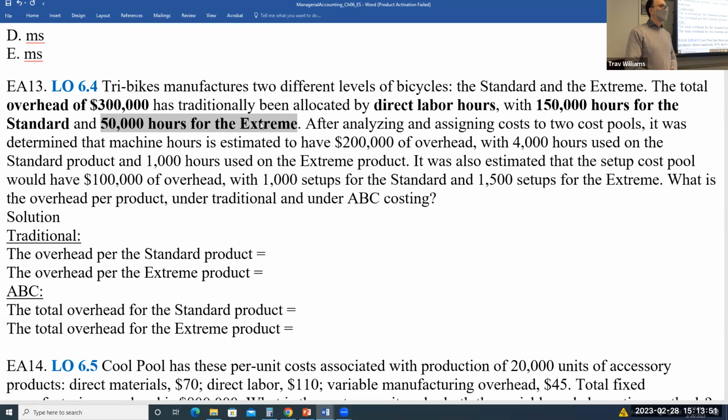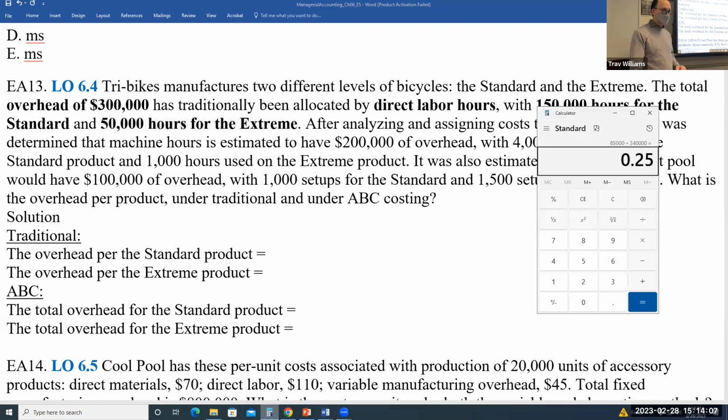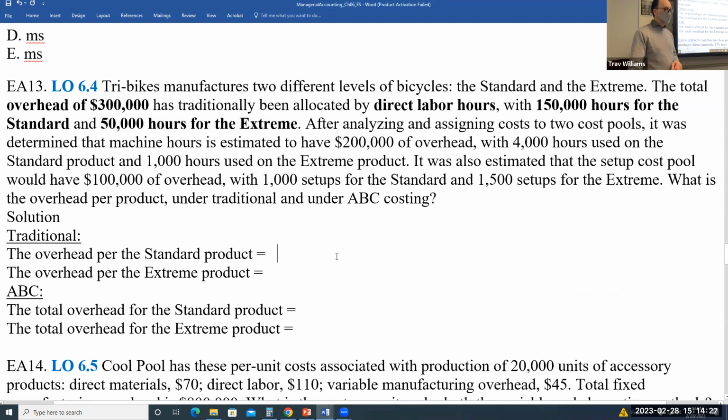What is our estimated activity? $150,000 plus the 50,000 for the extreme, right? The 200,000 hours combined, right? Because we have to add both products. So we have $300,000 of estimated overhead costs divided by 200,000 direct labor hours. So we get $1.50 of overhead per labor hour, right? Okay. So then what is our overhead for the standard product?